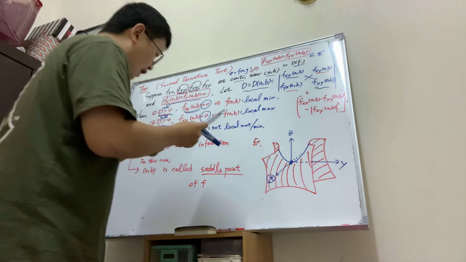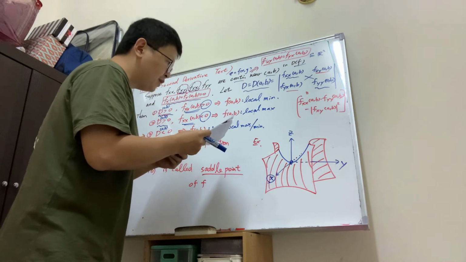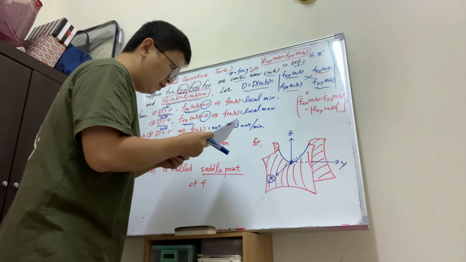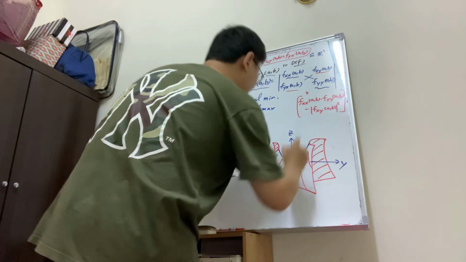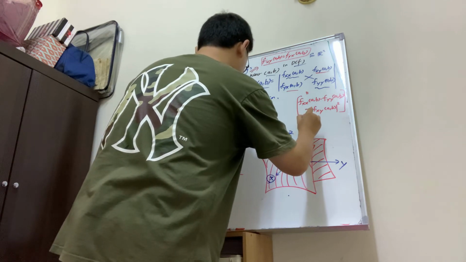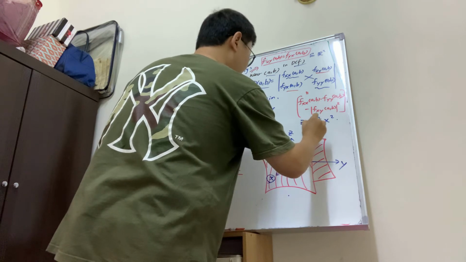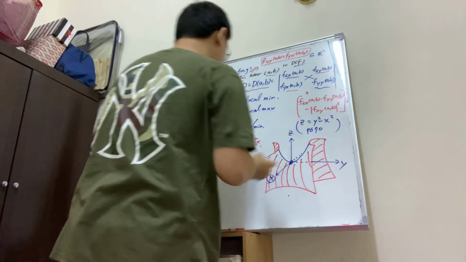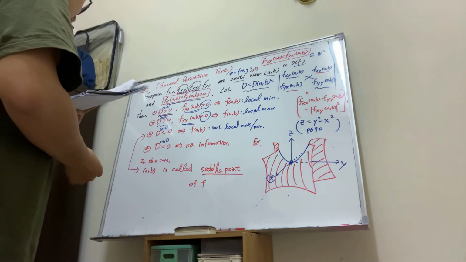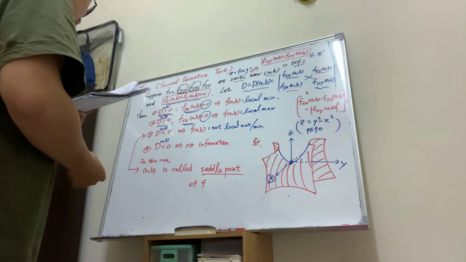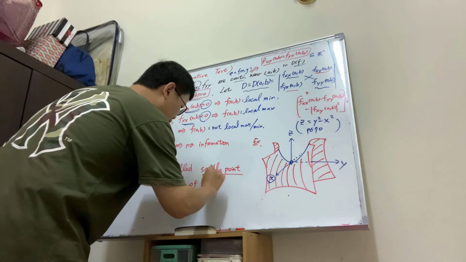Anyway, now let's practice some examples. Probably in your textbook it's g equals y squared minus x squared. You could check it again. The graph of f at a point has a shape; in this case, it's called a saddle point of f.